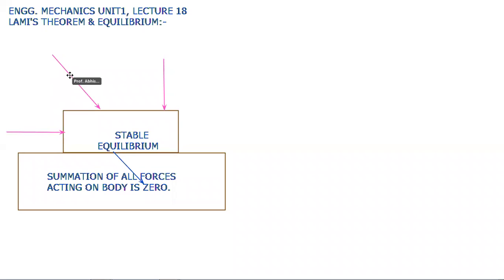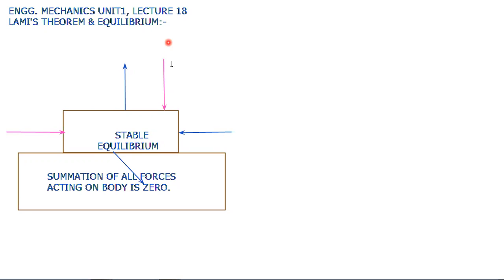Suppose that now we will consider horizontal and vertical forces. Okay. Now we will consider one more force. Now here also the four forces are there. Two forces are in vertical direction and two forces are in horizontal direction.